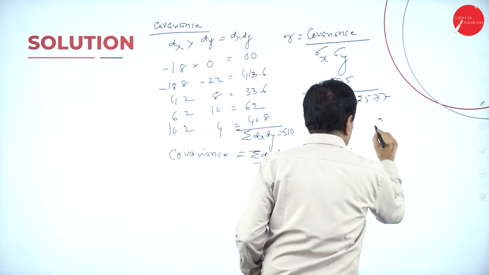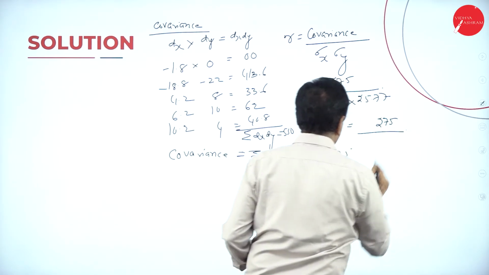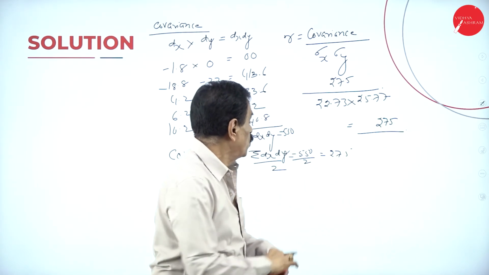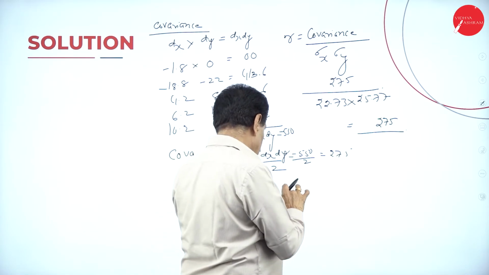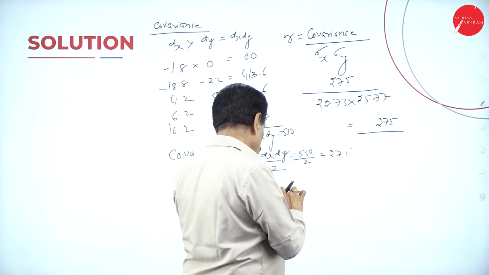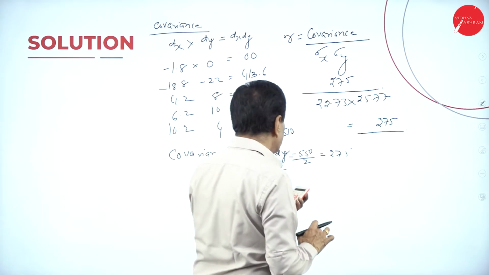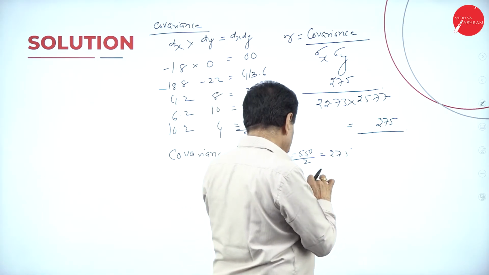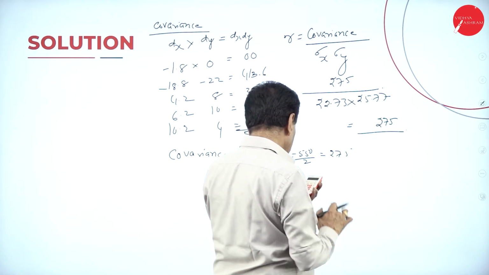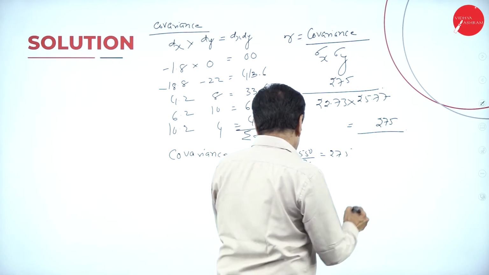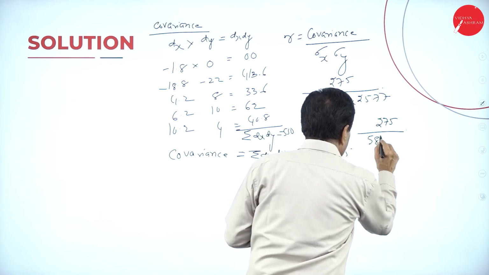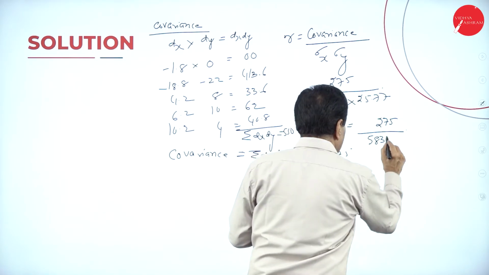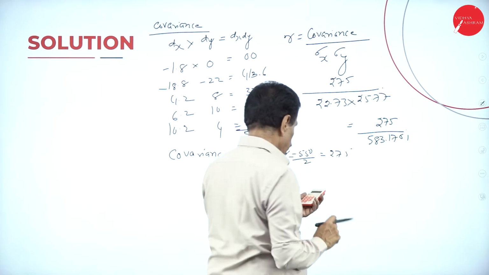So 275 divided by 22.73 into 25.77, that is 583.1751.